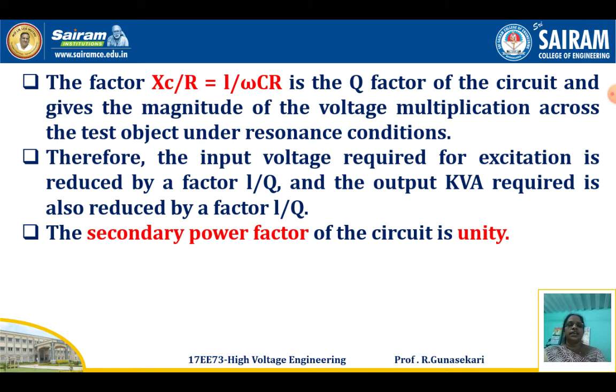Resonant condition means XL is equal to Xc, but here L1 plus L2 is equal to 1 by omega C, that is the condition. The input voltage required for excitation is reduced by the factor 1 by Q. The output kVA required is also reduced by a factor 1 by Q. The secondary power factor of the resonant transformer circuit is unity.